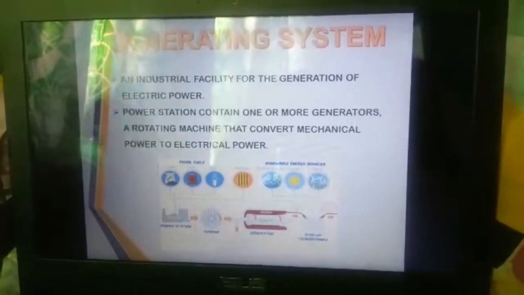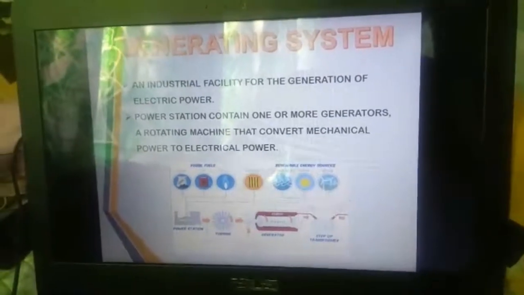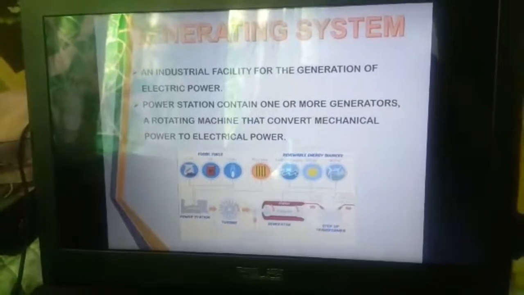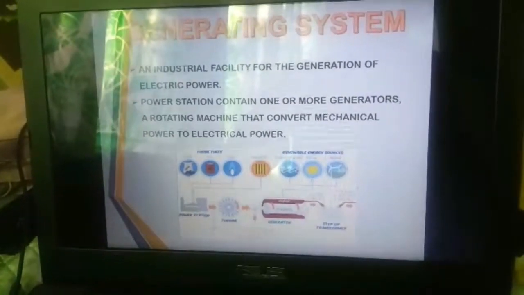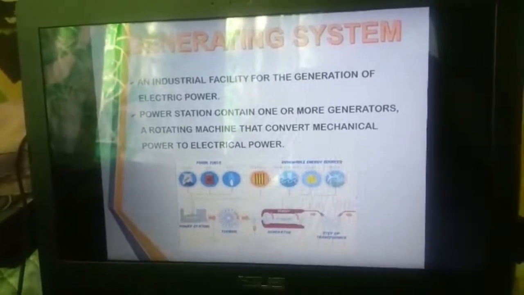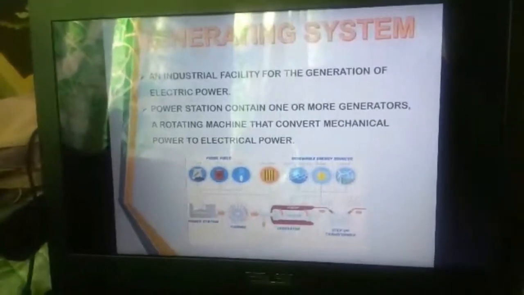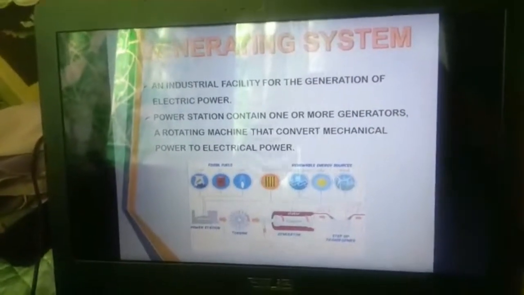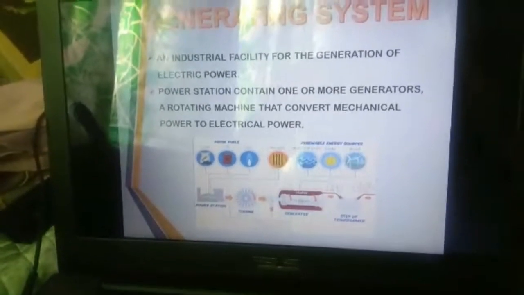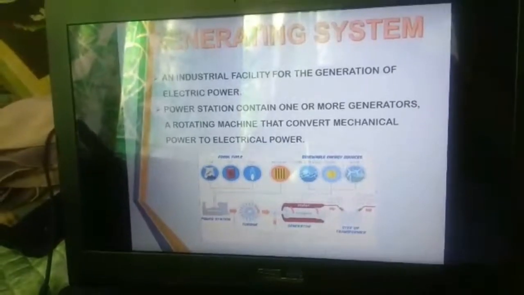And this is the part where we generate the electricity. The power station is an industrial facility for the generation of electric power. It is used to generate the electricity, and the power station also contains one or more generators.